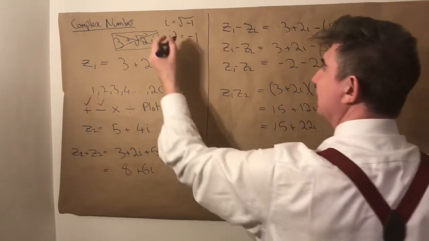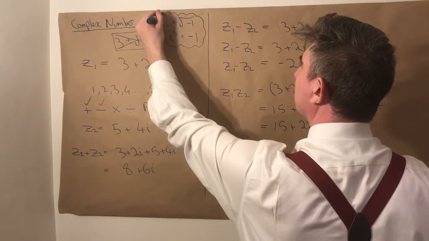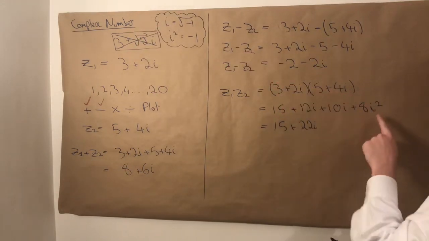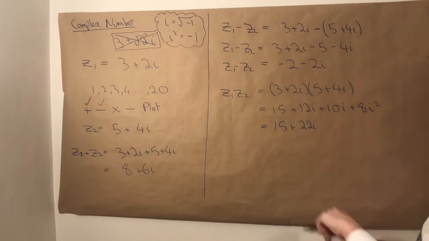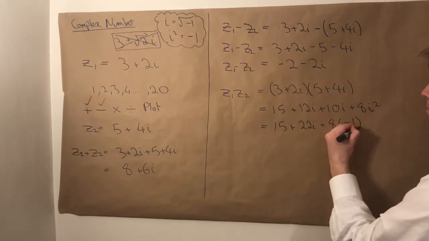I'll put that into a little cloud floating away above us all. So that would suggest that this thing here, I should rewrite as minus 1. So that's going to be plus 8 being multiplied by minus 1.